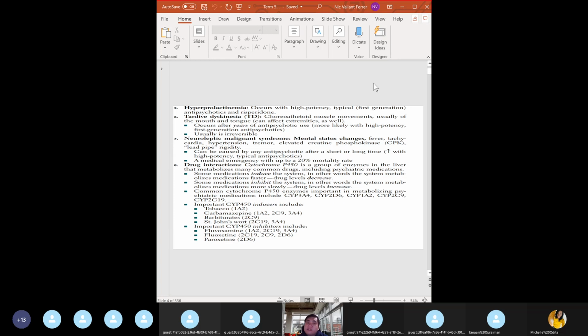Hyperprolactinemia occurs with your first generation antipsychotics, fluphenazine, and Risperdal, your risperidone. Tardive dyskinesia: you have choreoathetoid muscle movements, meaning snake-like movements of the mouth and tongue. It can affect the extremities as well. It occurs after years of high potency first generation antipsychotics.